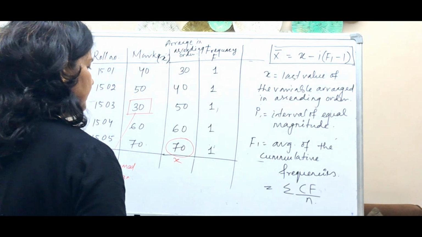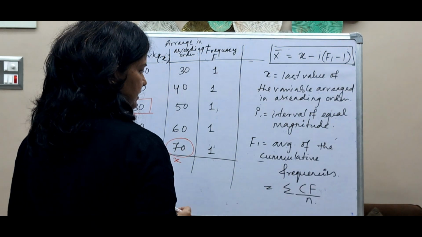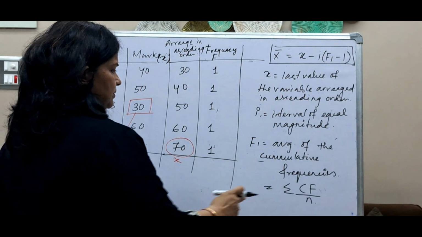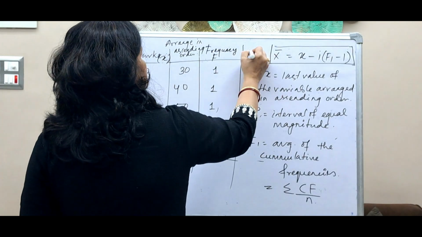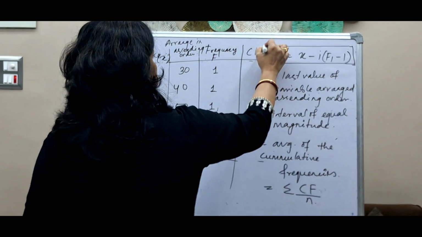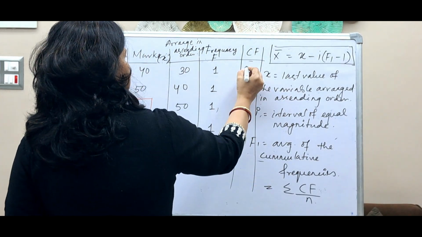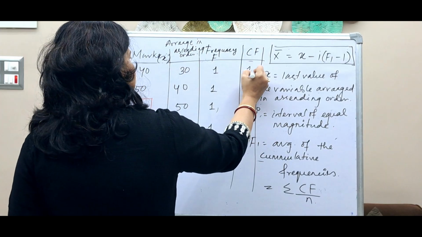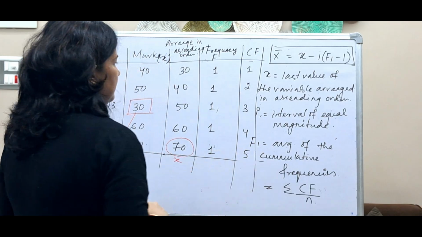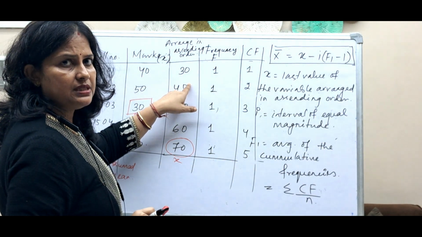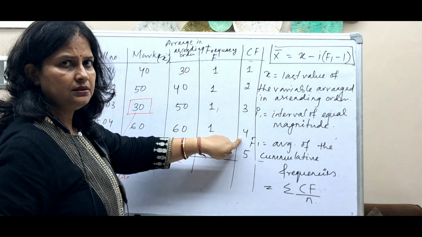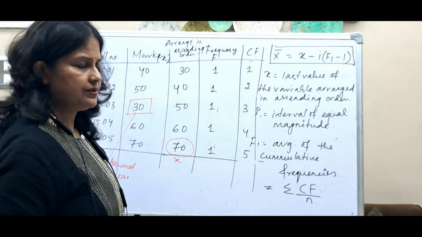Next we need to find the cumulative frequency, that is f1 for our formula. To get the cumulative frequency, first one is 1, then 2, then 3, 4, 5. If there were a repetition of a variable, then according to that we would calculate the frequency or cumulative frequency.